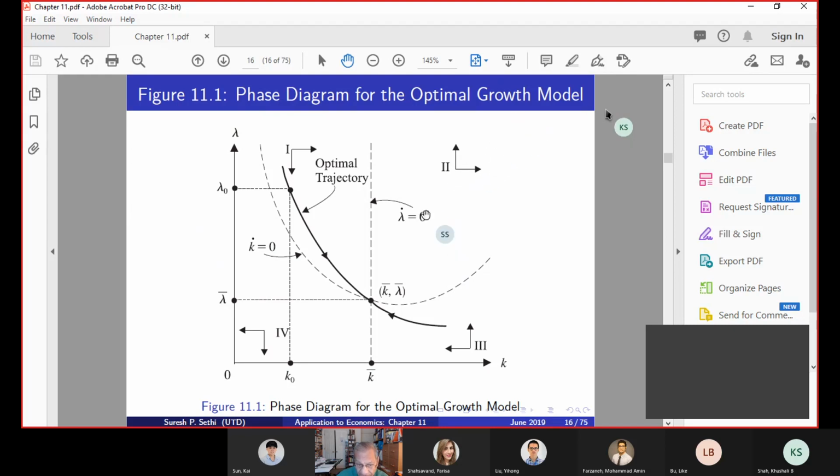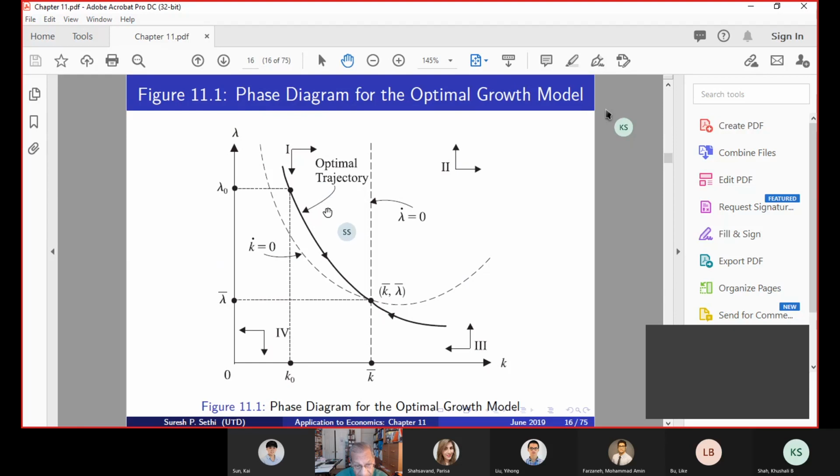For any point like this, only one point in this quadrant is going to stay there, right? That's the only point that stays. Any other point will go like this. So these two quadrants are not good for our problem. So lambda 0 for this k0 has to be here. And if k0 is bigger than k bar, it has to be here. You can see that one is going this way, and that one is going that way.